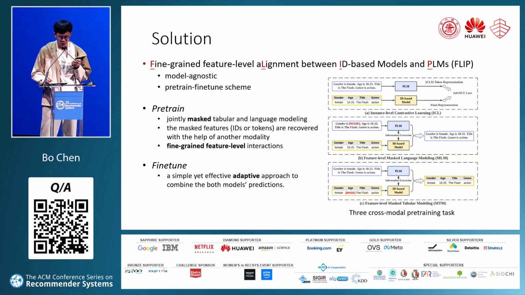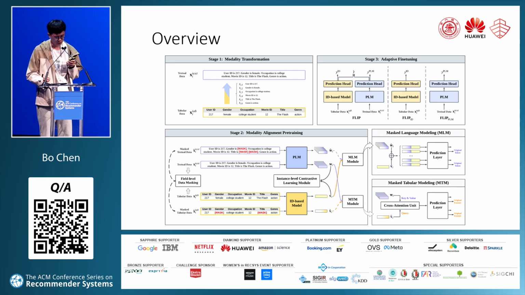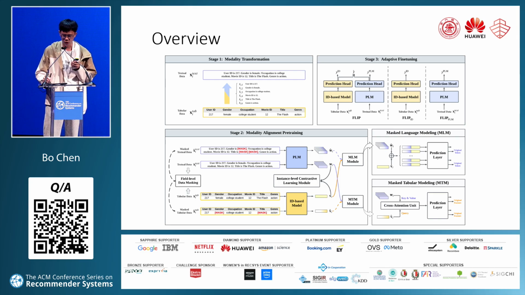And here is the architecture of the proposed framework, which consists of three stages. The first one is the modality transformation, then the alignment pre-training stage, and the final one is the fine-tuning stage. Firstly, FLIP transforms the raw data from the tabular modality into the textual modality.